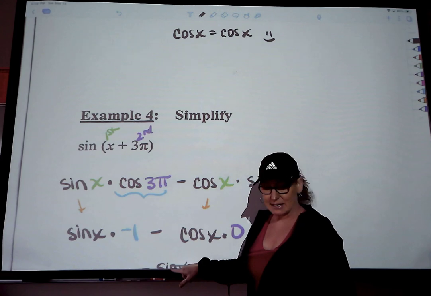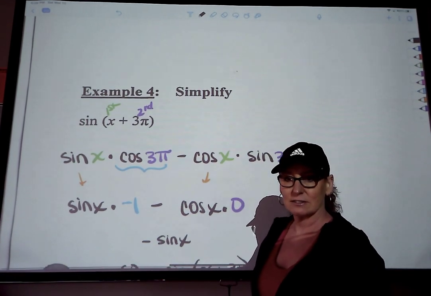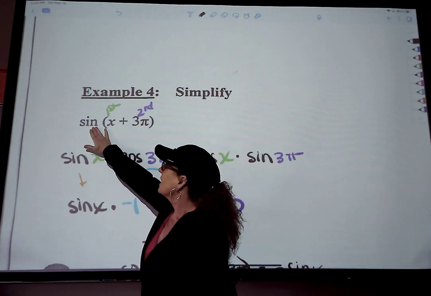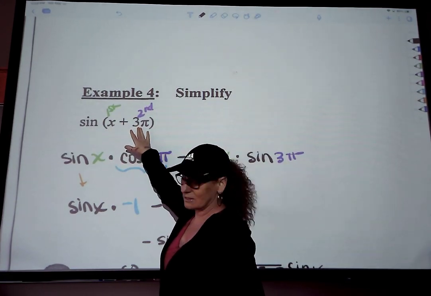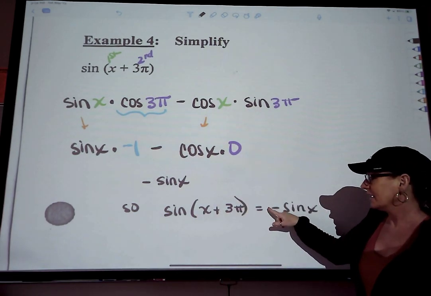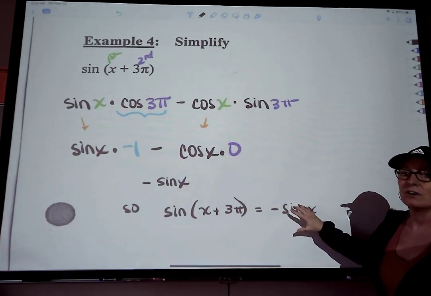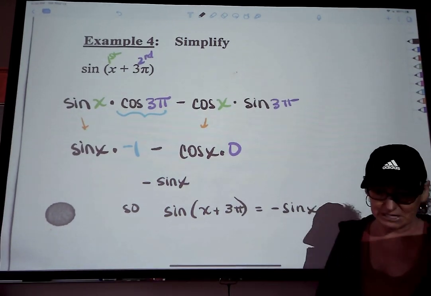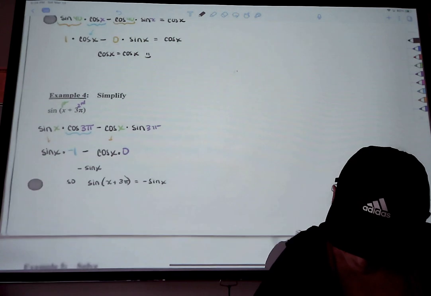So multiply and I get negative sine x. I've simplified it. Turns out sine of this plus this is just negative sine of x. I just simplified as much as possible.